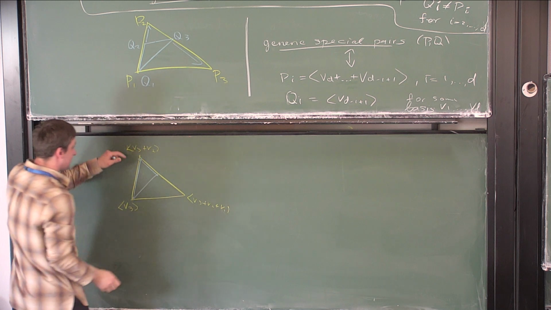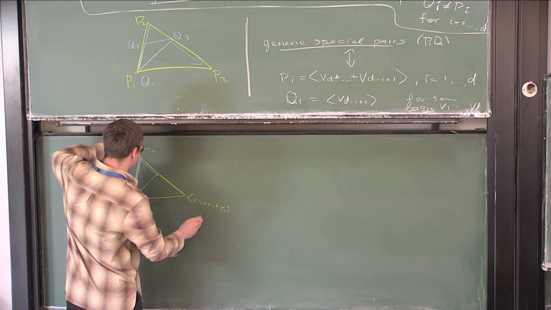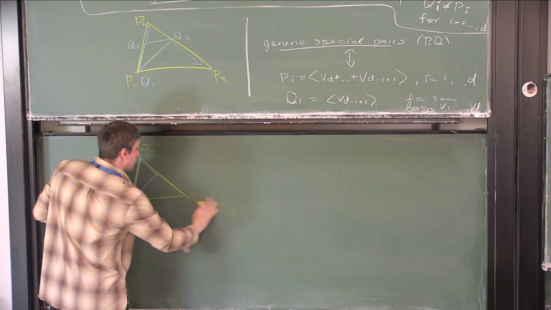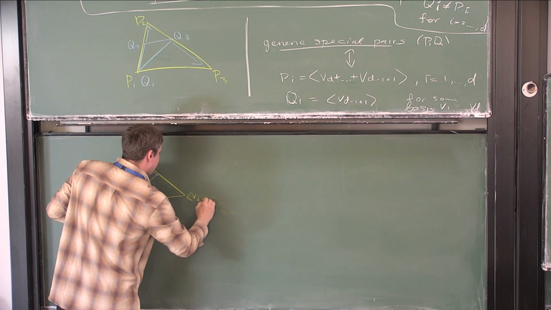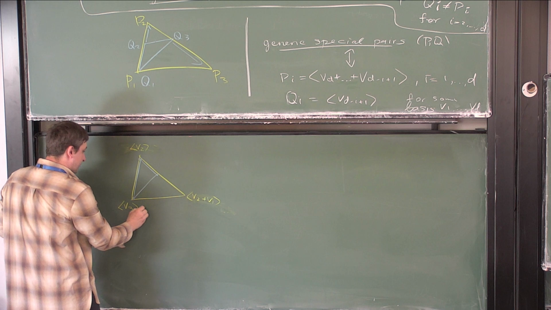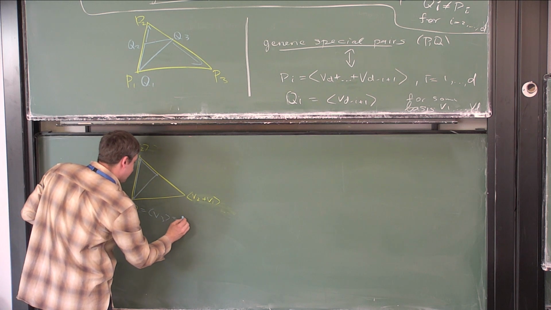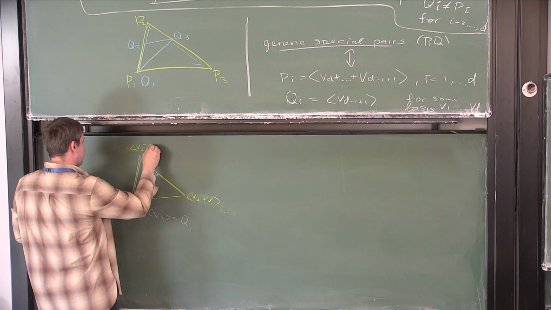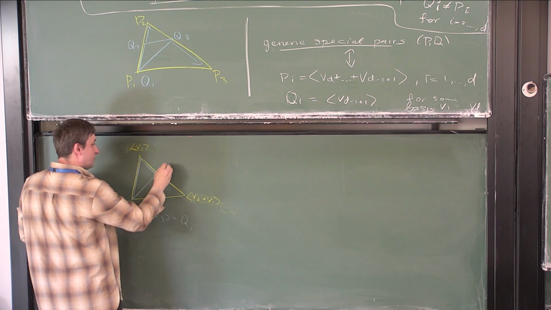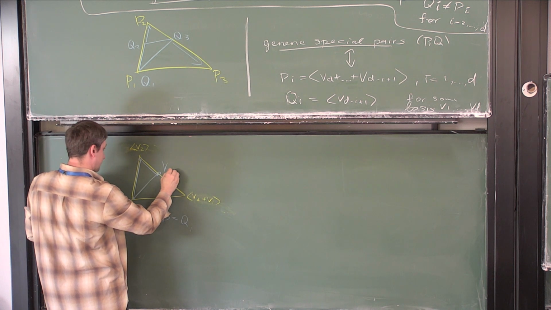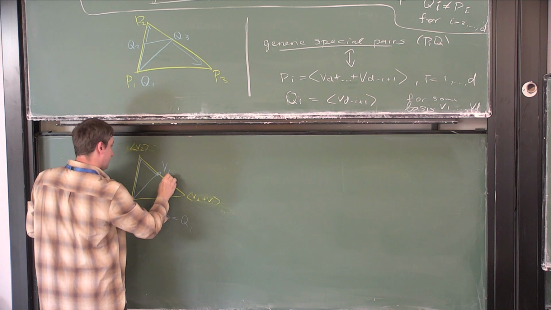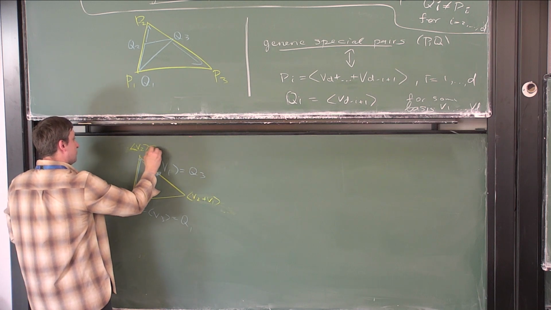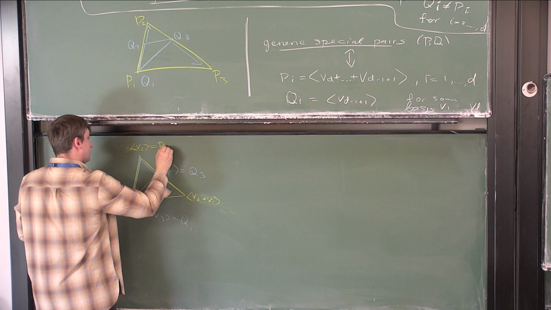That was when we had the non-degenerate situation. But here I have to split it. So this would actually be V2, this would be V2 plus V1, and this would still be V3. This is Q1, and this is Q1. And this point would be V3, and you see that V2 is equal to V2.